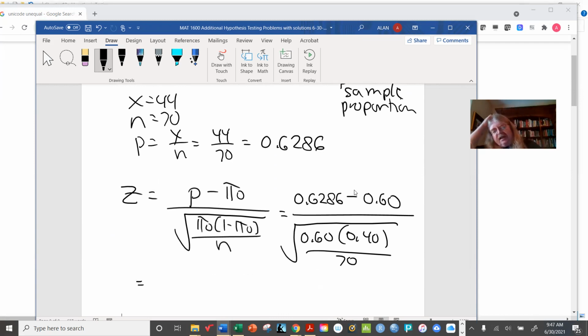When you throw that into your calculator, I've got 0.488, which is a very, very small number.